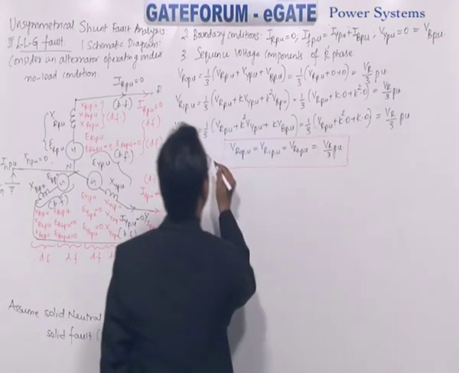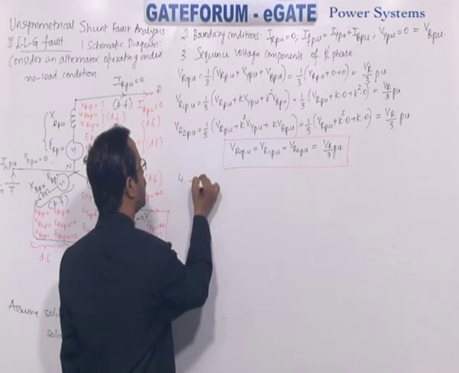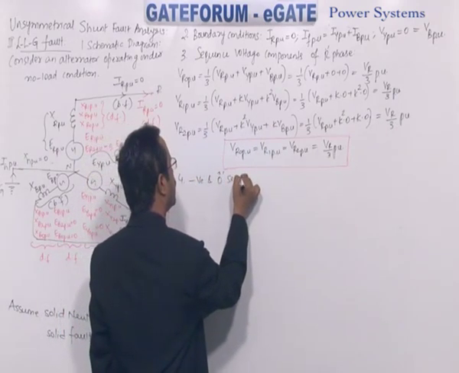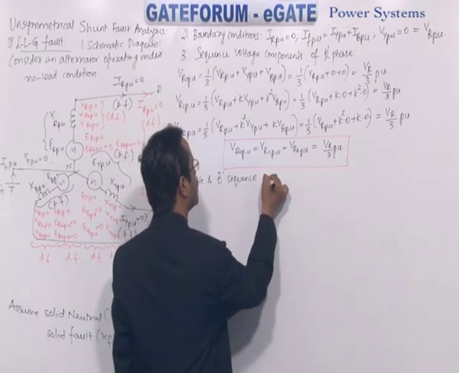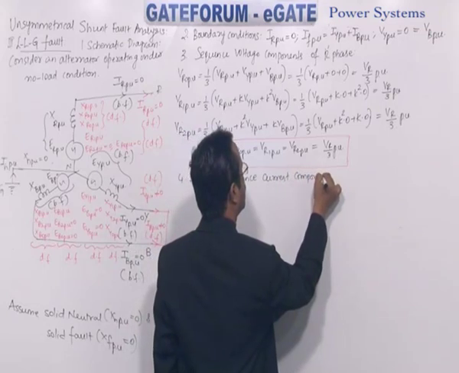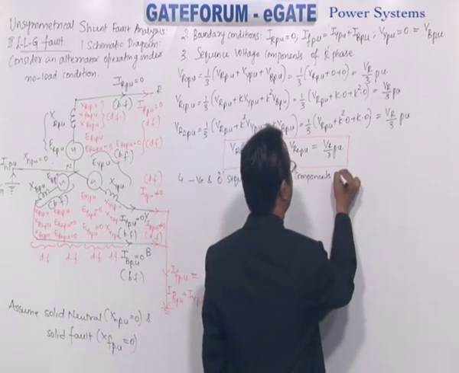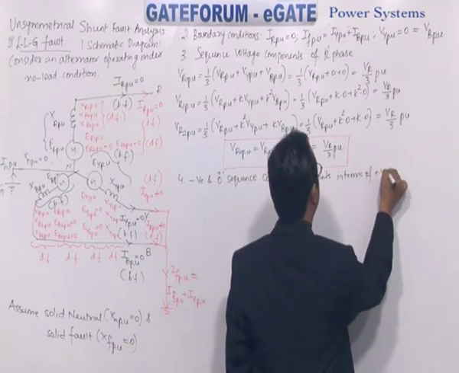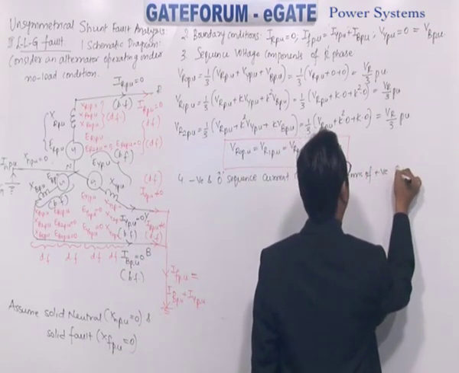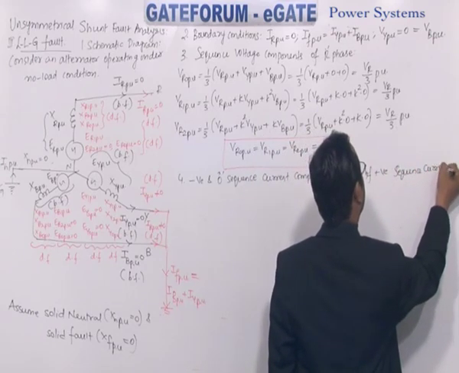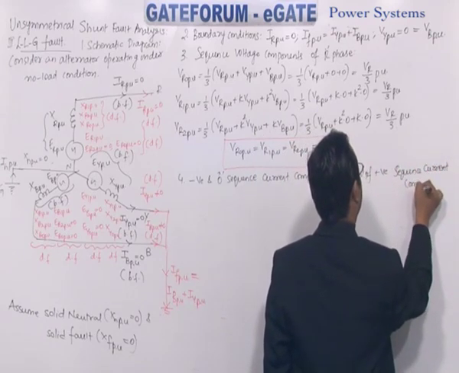So the next aspect is the negative and zero sequence current components in terms of the positive sequence current component.